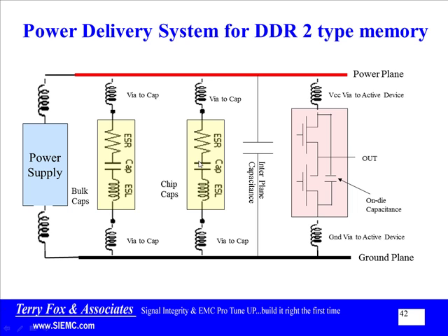But again, I'm buying capacitance, but along with that capacitance, I get equivalent series resistance that is part of the package itself. I also get equivalent series inductance that is part of the capacitor, plus the mounting capacitance to the power plane and the mounting capacitance to the ground plane.